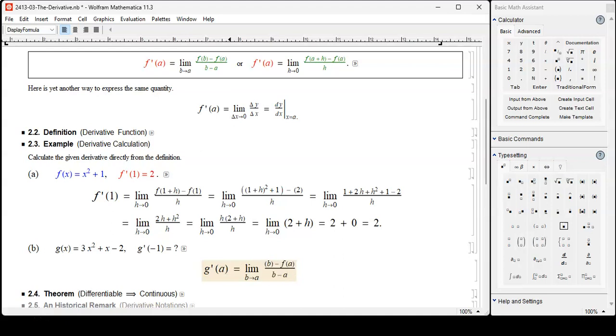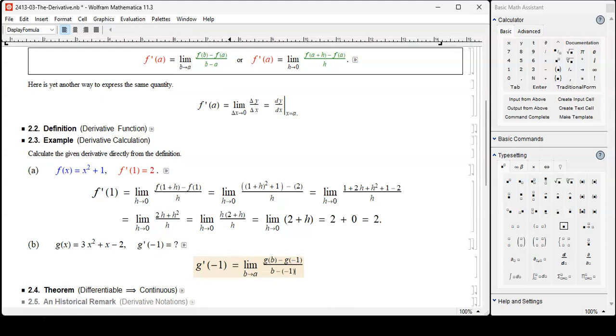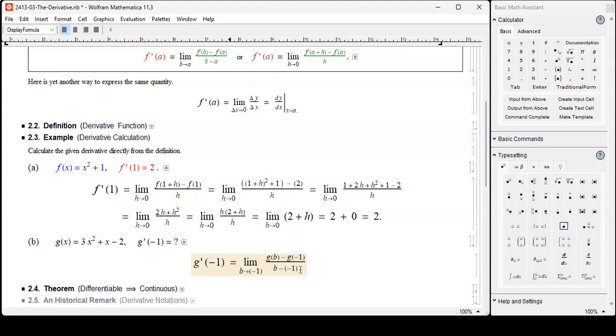And I want g of b over g of a, and a value is -1. So a value is -1. And b is approaching a, so b is approaching -1. Okay, that's the limit computation I have to do.